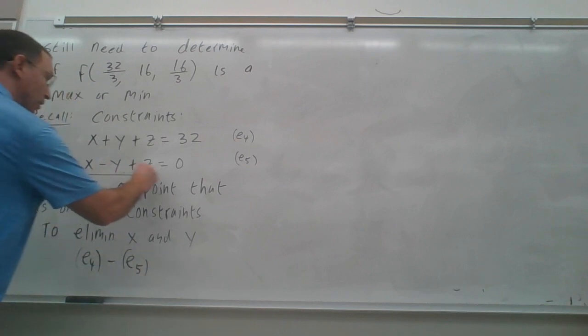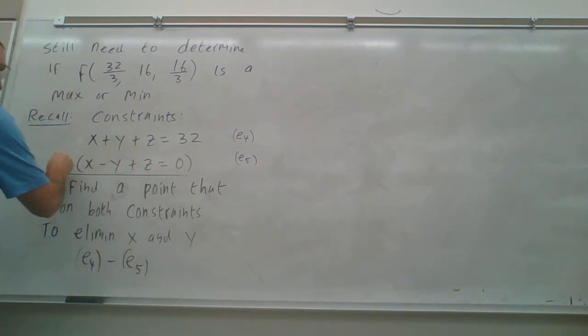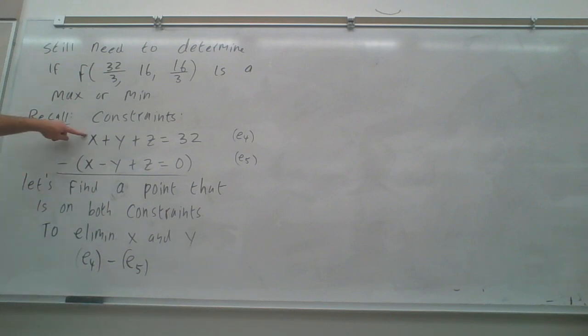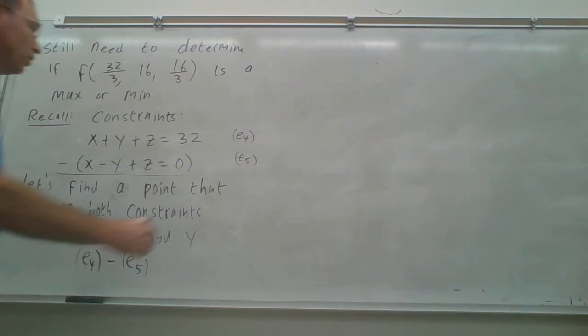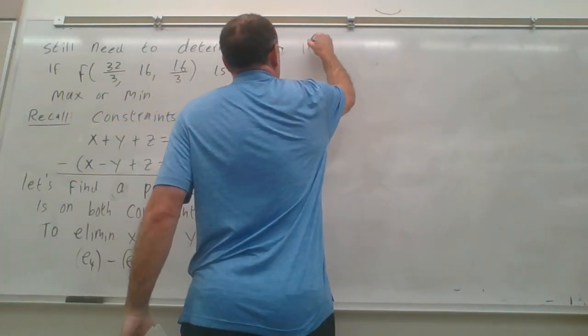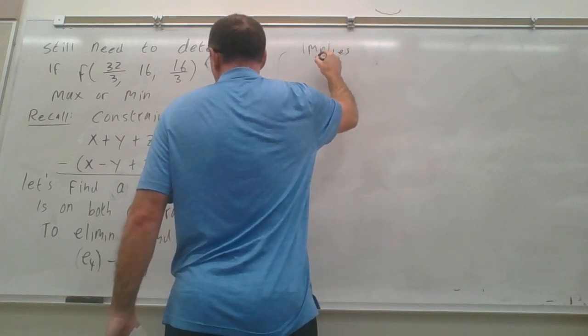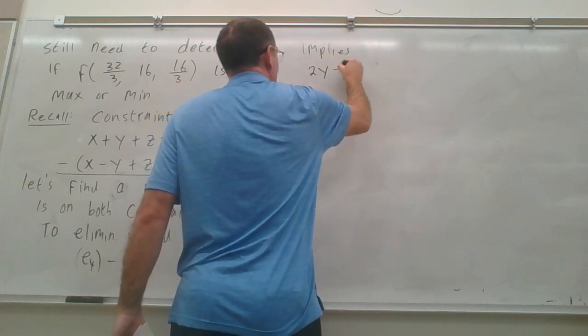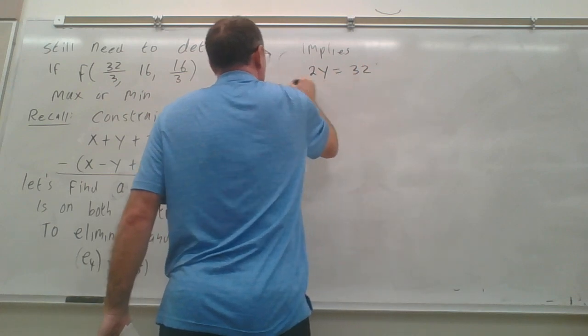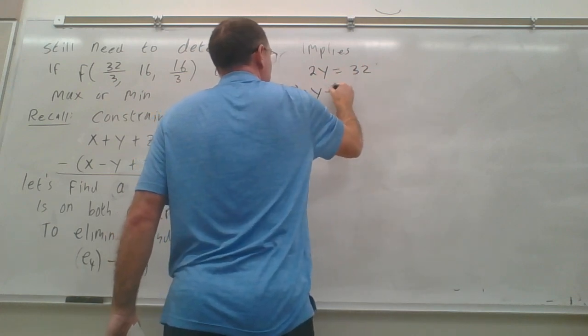So x minus x will cancel, y minus a negative y is plus y, so it'd be 2 y's, and z minus z is gone. So this implies that 2y equals 32, so dividing by 2, y is 16.